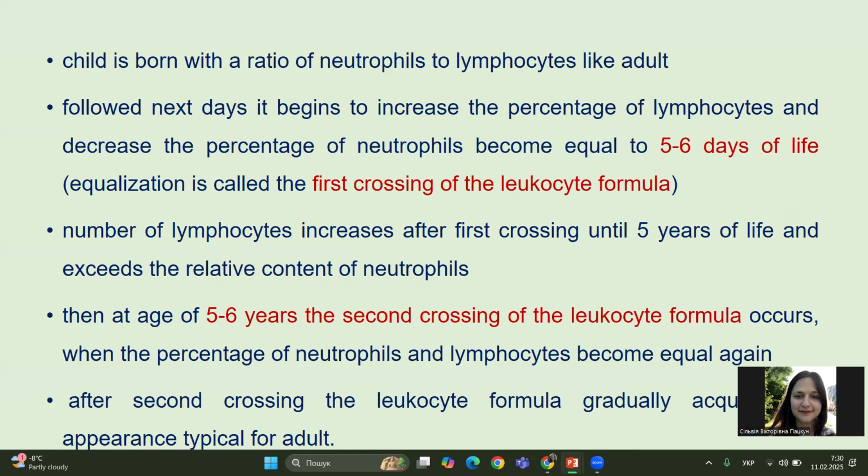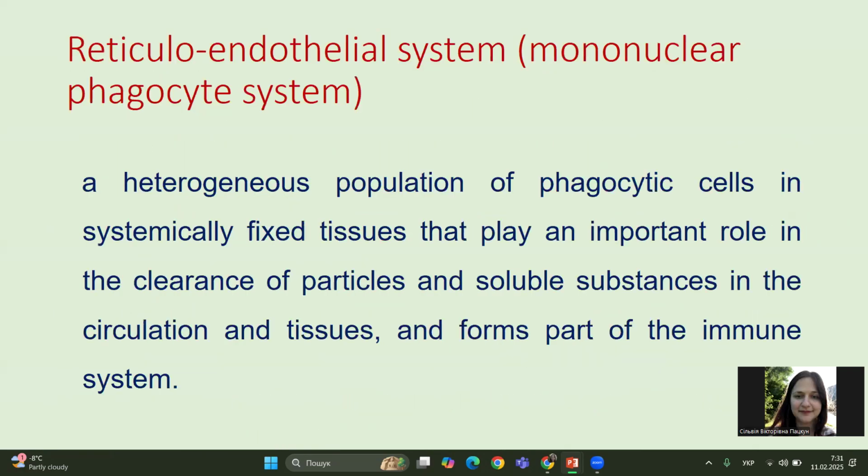The number of lymphocytes increases after the first crossing until 5 years of life and exceeds the relative content of neutrophils. Then at the age of 5-6 years, the second crossing of the leukocyte formula occurs. And after the second crossing, the leukocyte formula gradually acquires the form typical for an adult.